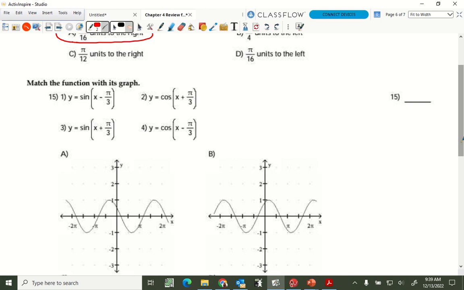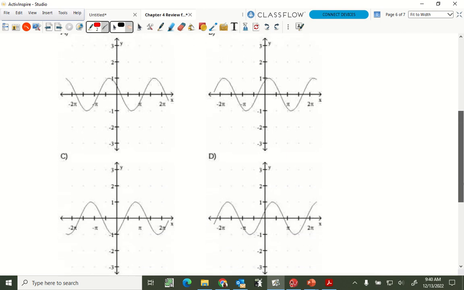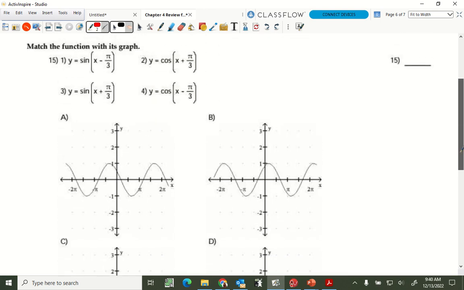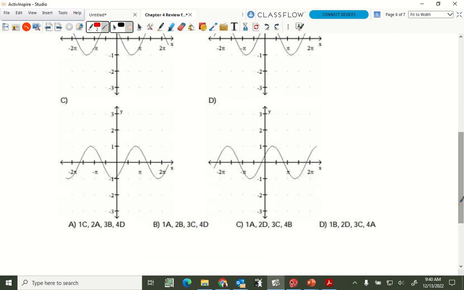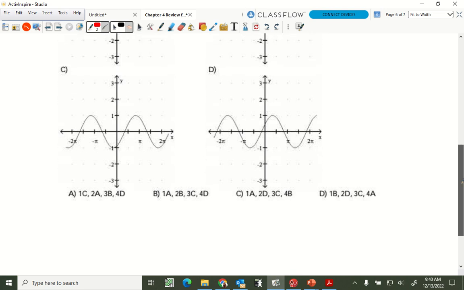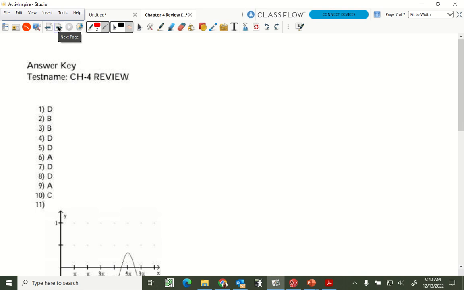It goes in order. Does that make sense? Okay. So 1 is C, 2 is, yeah, all that. Okay, so you guys are going to have to match those. There we go. Answer key.